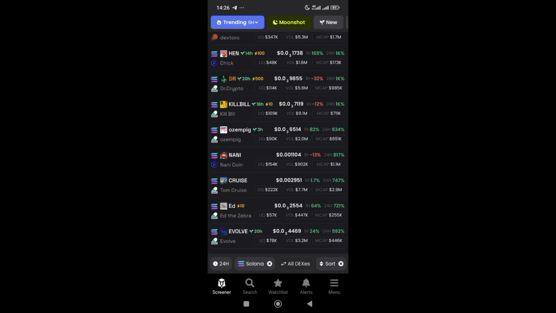Okay, so today we'll be looking at Dexscreener. Dexscreener is a tool we use for Dgen trading. Now, when we talk about Dgens in crypto, we're actually talking about high risk, high reward tokens.